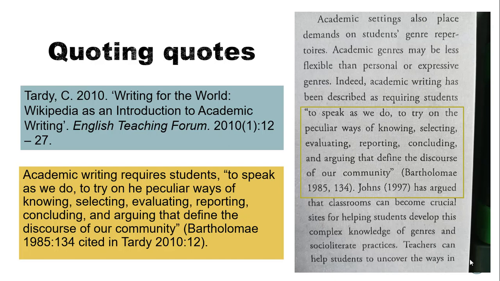So you would include the details of Bartholomew, the surname, year, and page number, and follow this with the words cited in, and include the reference to Tardy as normal. On the reference page, you'll reference Tardy, as this is the source where you found Bartholomew.